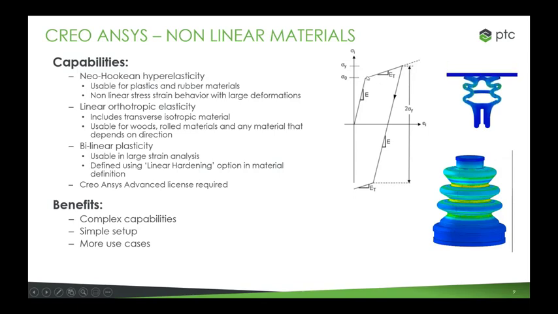Okay, but it is a straight line, which is what most people want in the end. They don't want multilinear plasticity, which some people do, but if you want multilinear, then you're going to have to buy something more expensive. Actually, Creo Simulate does multilinear, but in Creo Ansys, bilinear is going to be available to customers.